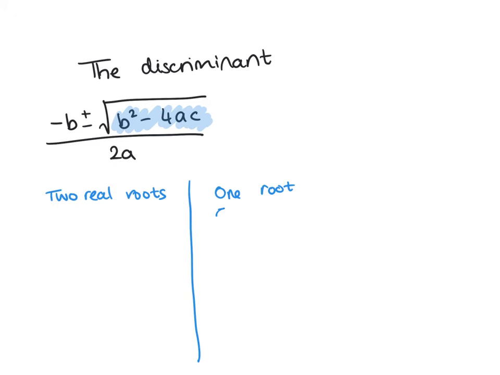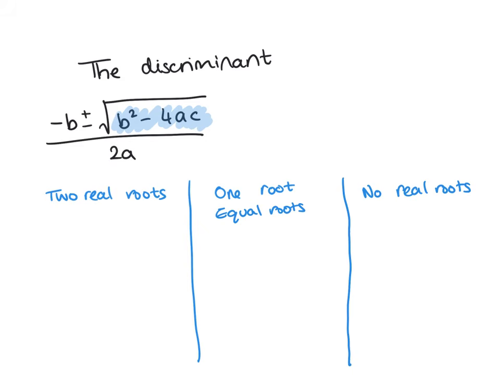It's called equal roots. The reason why it's called equal roots, I'll explain in a minute. Or we can have no real roots, and that's when we get an imaginary number or we get an error.